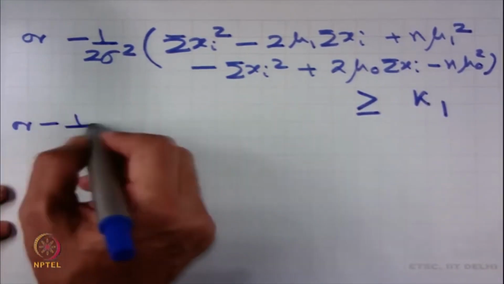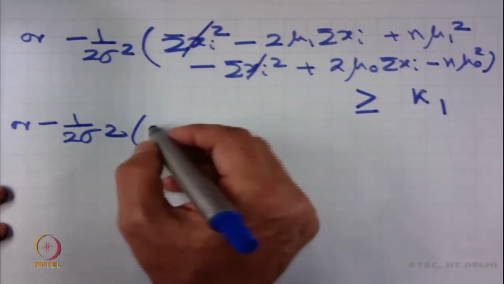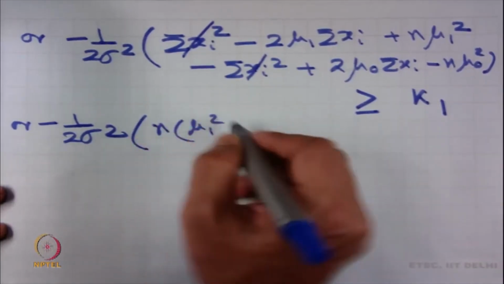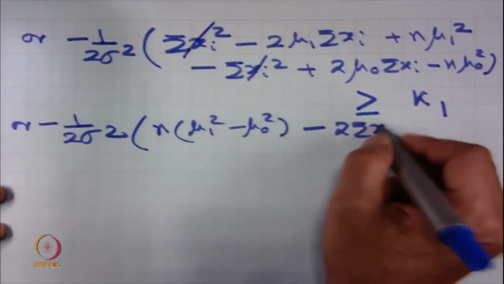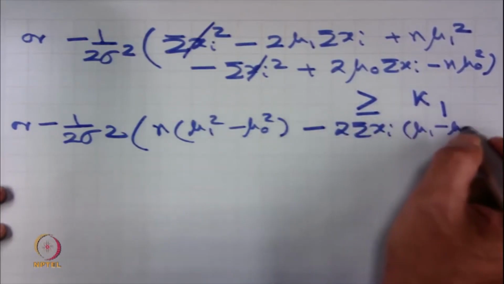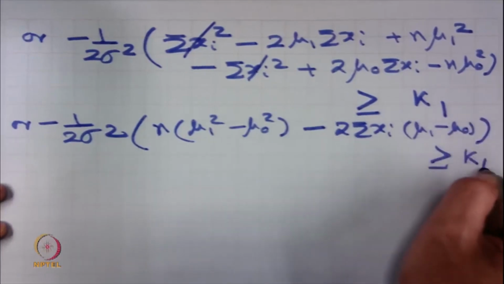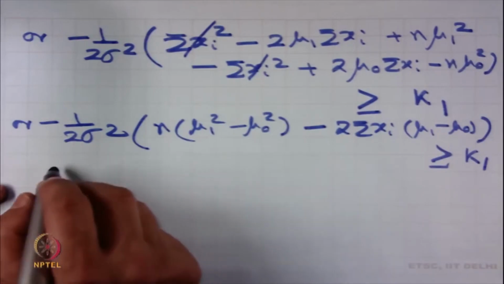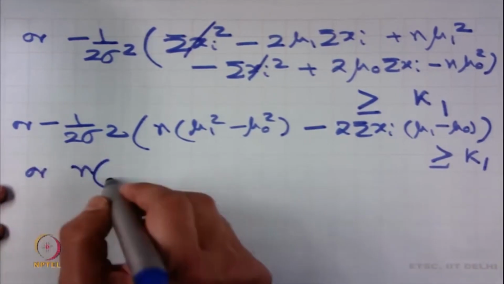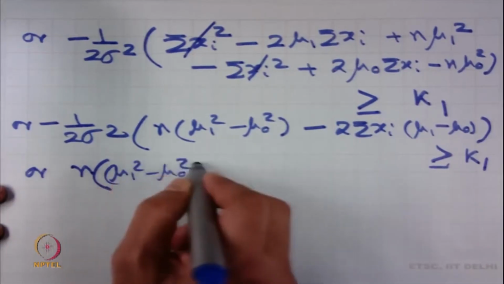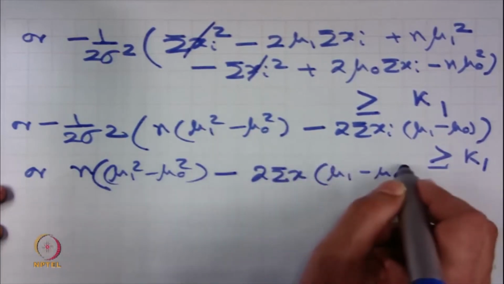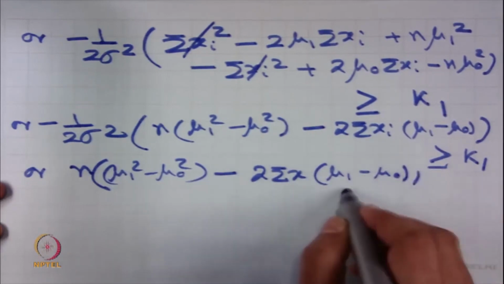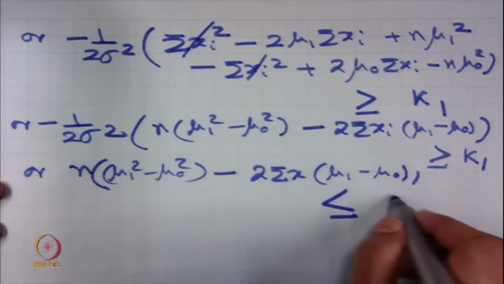Now, this gets cancelled and we have n times mu 1 square minus mu naught square minus 2 sigma xi into mu 1 minus mu naught is greater than or equal to k1, or n times mu 1 square minus mu naught square minus 2 sigma xi mu 1 minus mu naught is less than or equal to some constant, say C1.